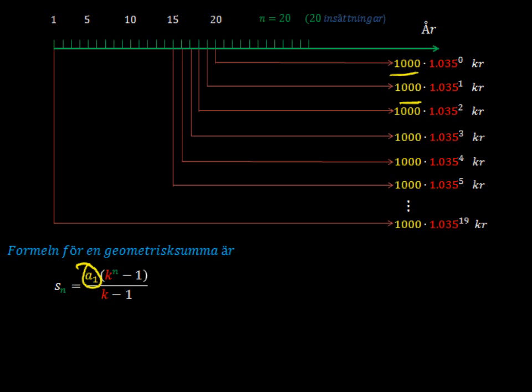K is in the red, and it's both of those. That is the interest that we're going to get. And the N, in the green, comes from the timeline, and that's the number of times that we're putting money into the account.